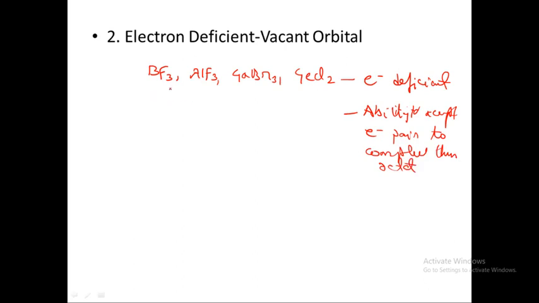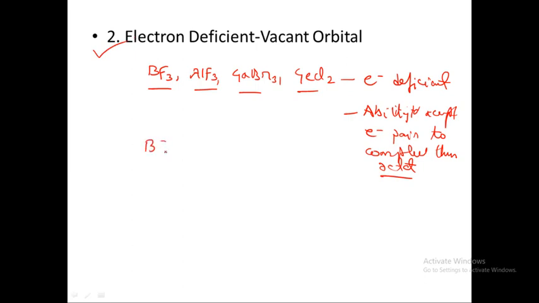So they behave as Lewis acids. Even though their bonds are satisfied, they have vacant valence orbitals in their molecular orbital diagram, so they have the ability to accept a pair of electrons to maintain the octet.